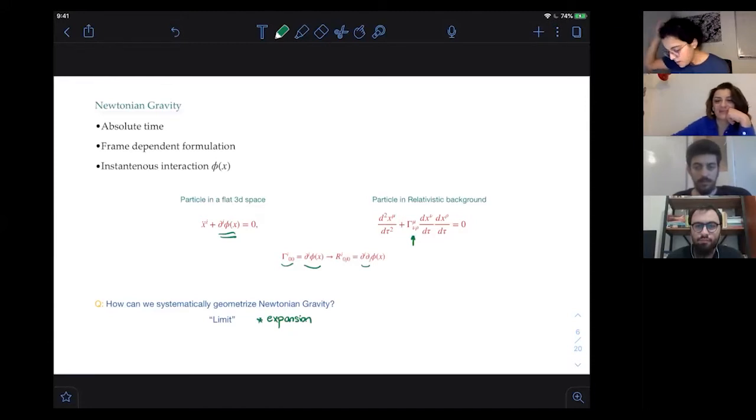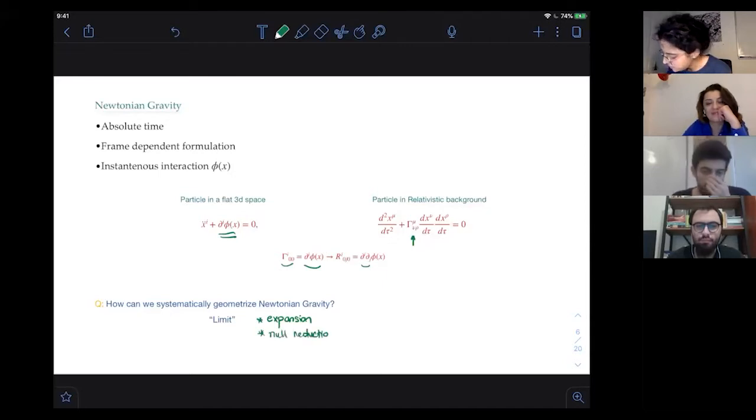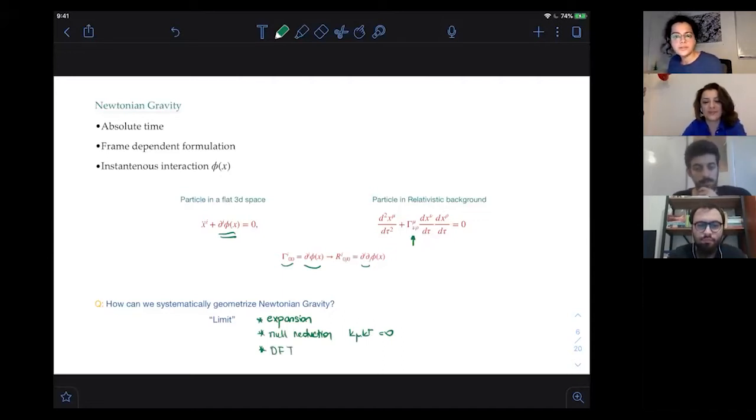Another approach is null reduction, which is a kind of Kaluza-Klein reduction where the Killing vector is null. The other one, some double field theorists taught me, is that they can also geometrize Newtonian gravity in that setting. Possibly there are many more, but these are at least the ones I remember right now.